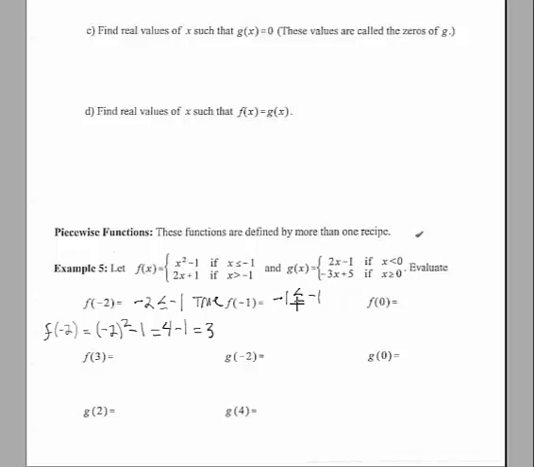So we would use this first expression, x squared minus 1. So f of negative 1 equals negative 1 squared minus 1. We square negative 1, we get a positive 1, we subtract 1, and we get 0.